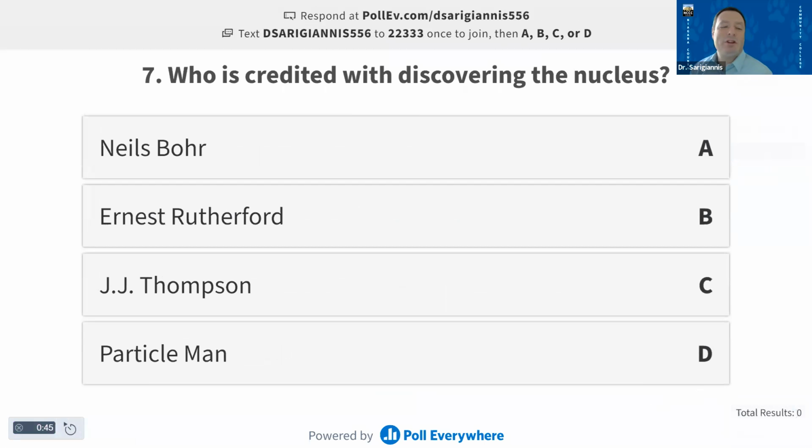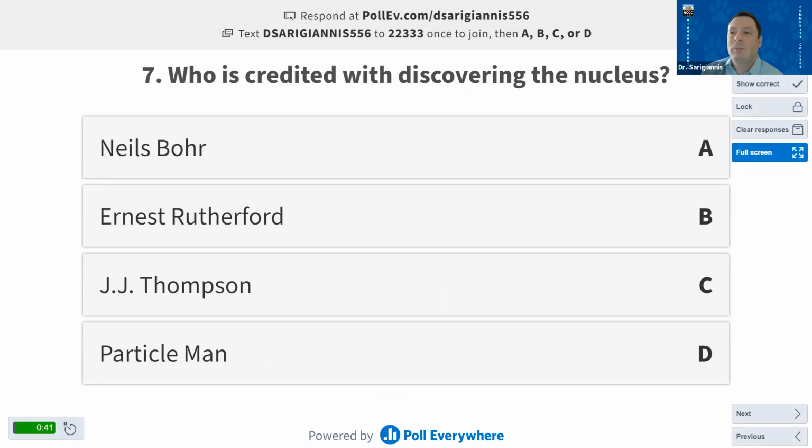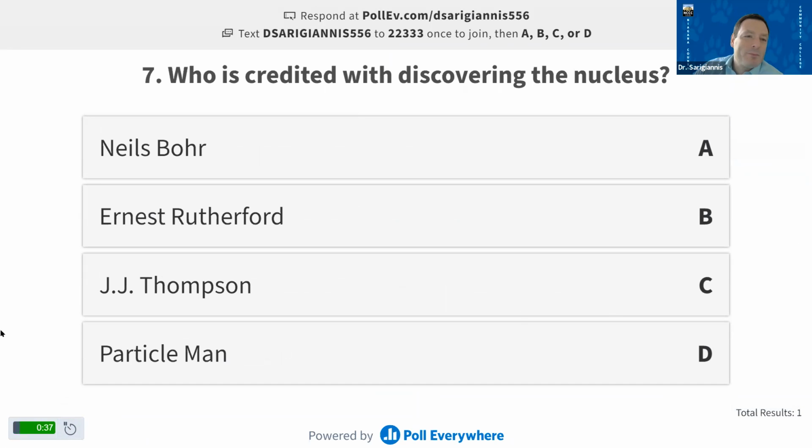Who is credited with discovering the nucleus? Niels Bohr, Rutherford, Thomson, or Particle Man from the "They Might Be Giants" song.